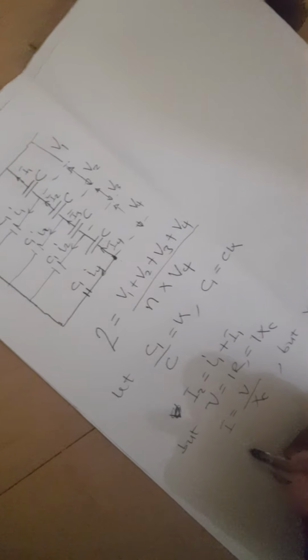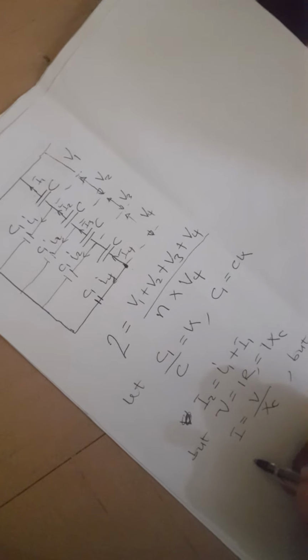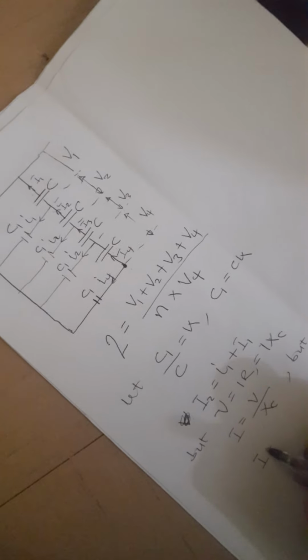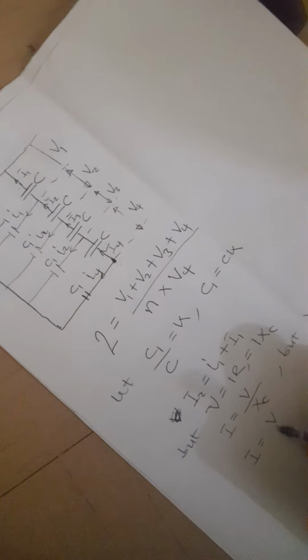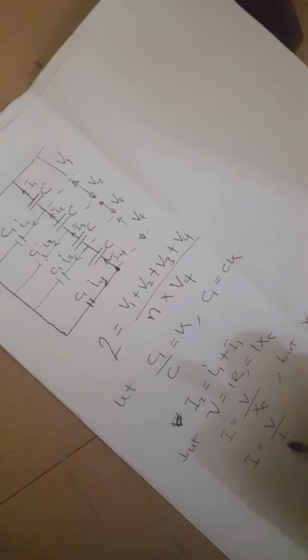So I will be equal to V over XC, which is V over 1 over omega C, which is equal to V omega C.